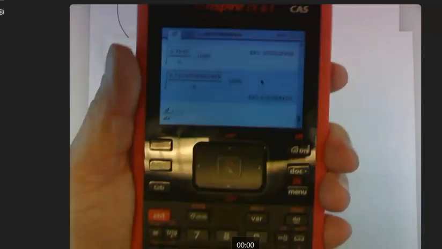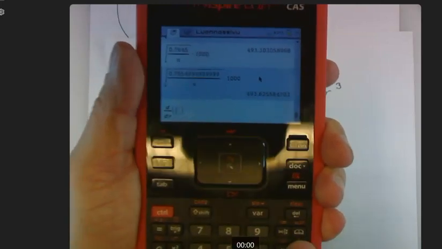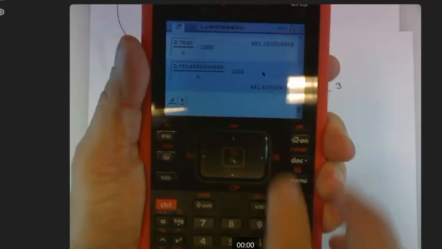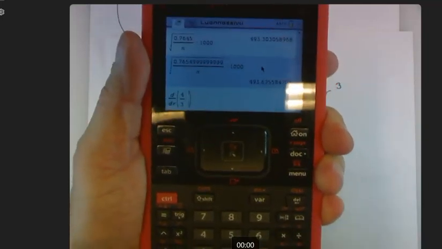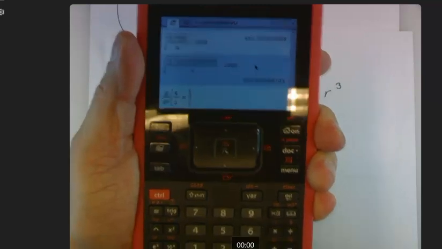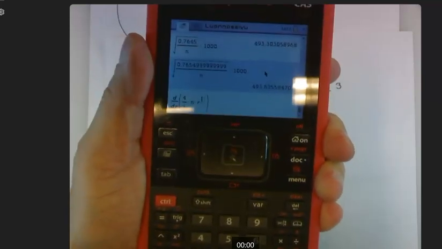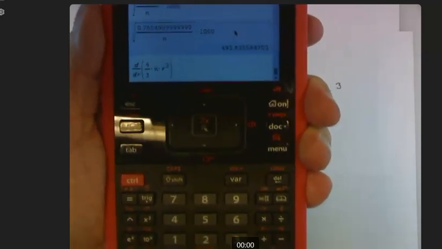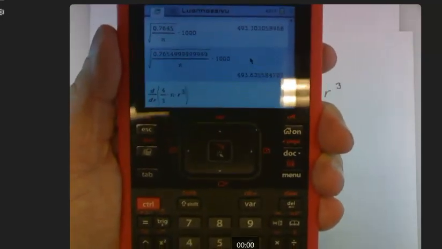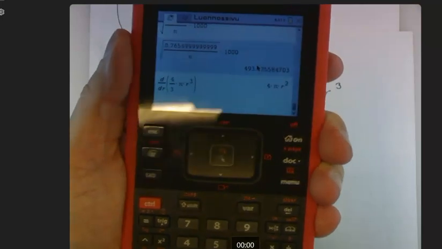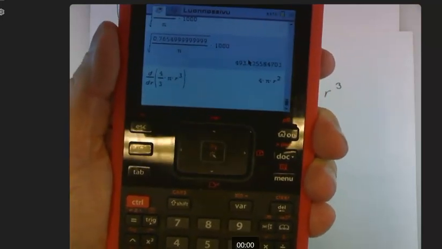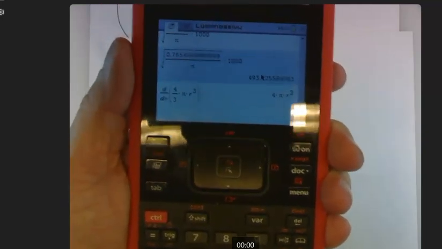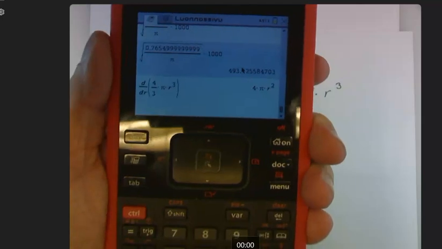So I will write there 4/3 times pi times r cubic. Now I am taking the derivative of this formula, and I press enter. It gives 4 pi r squared. So this is actually the formula for the area of the sphere.